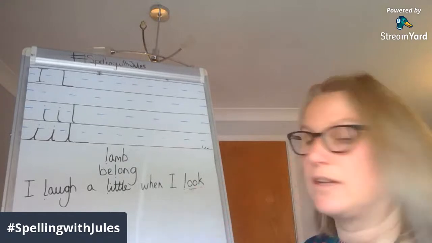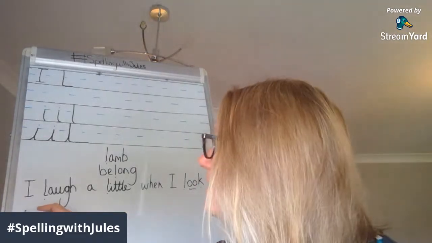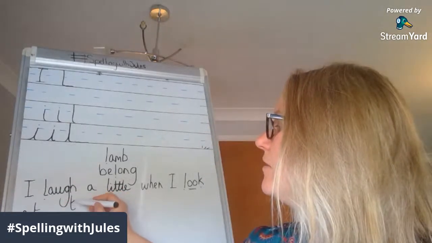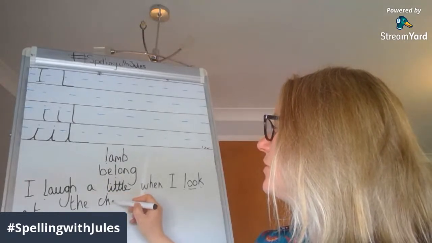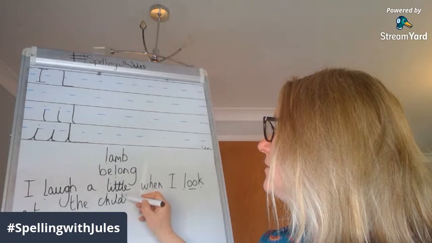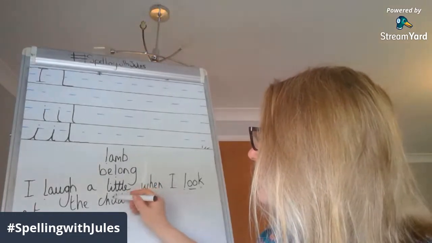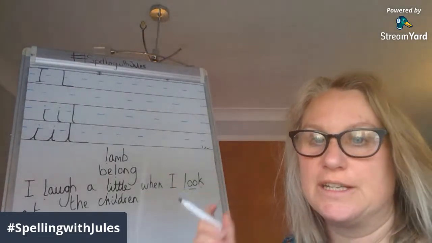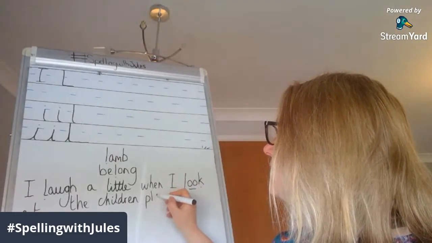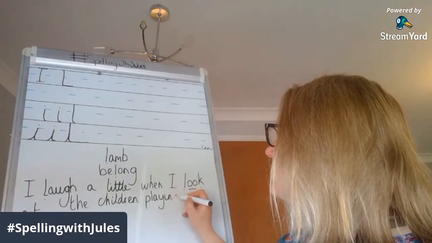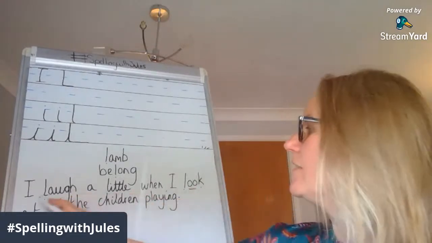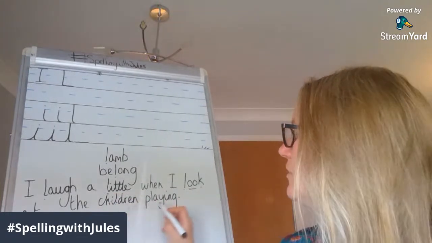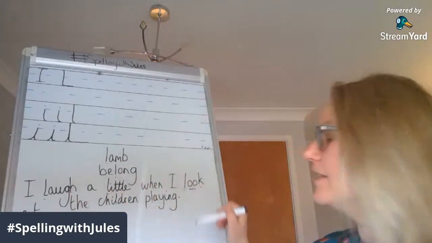When I look at the children. There's my other all. And what would the children be doing that's got an all in it? Playing. I think Ollie's done a much better sentence than me that I'm going to read out though. Okay, so I laugh a little when I look at the children playing. Okay, lots of L's in there.